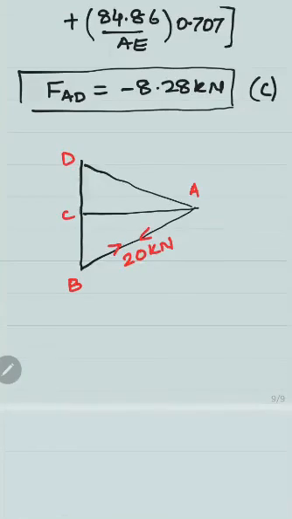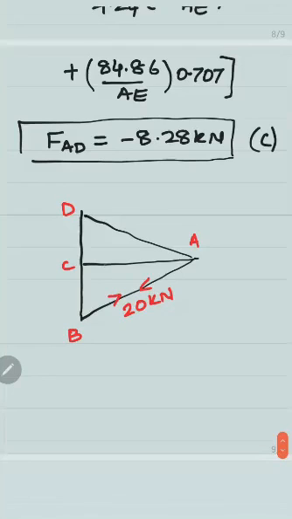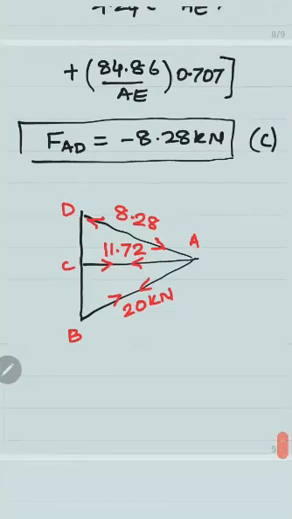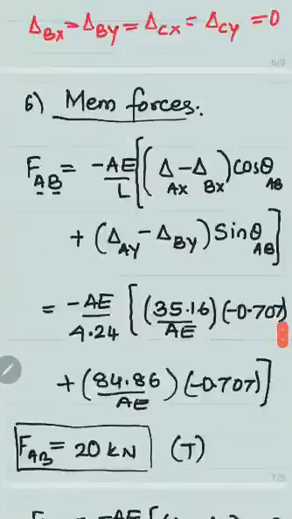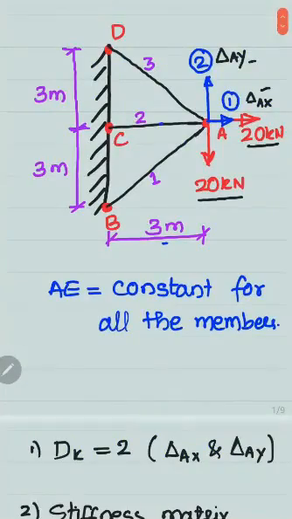AC is again 11.72 kilonewton tension, away from the joint, and AD is compression, which is towards the joint, 8.28 kilonewton. So these are the member forces. This is how you can calculate the member forces by matrix stiffness method using system approach. Thank you.